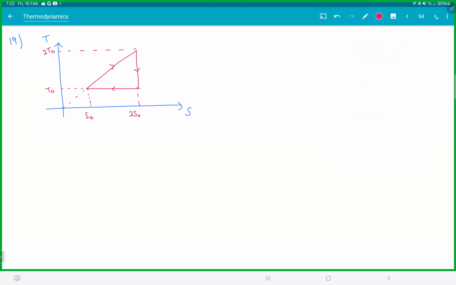This is 2T naught. A, B, and C. Find the efficiency of the cycle. So they'll give you in terms of T and S, and they can ask the efficiency of the cycle. Let's get this.